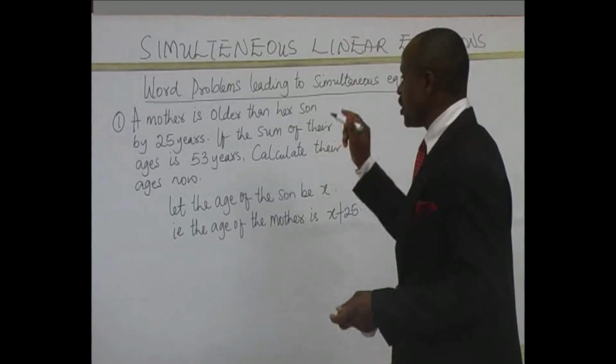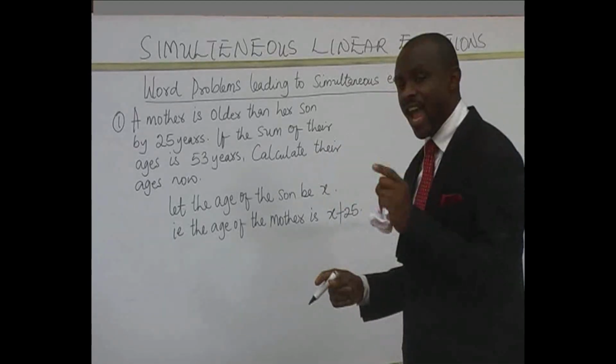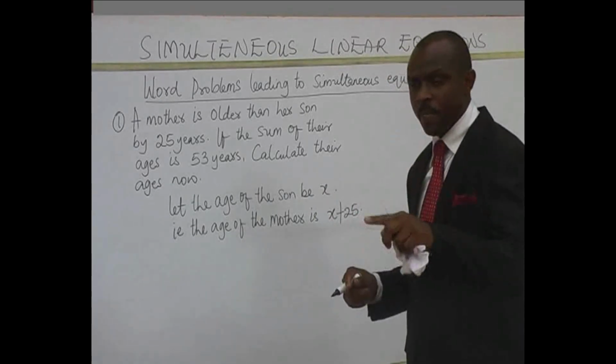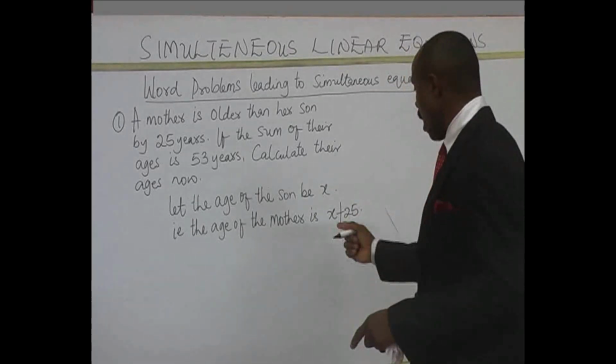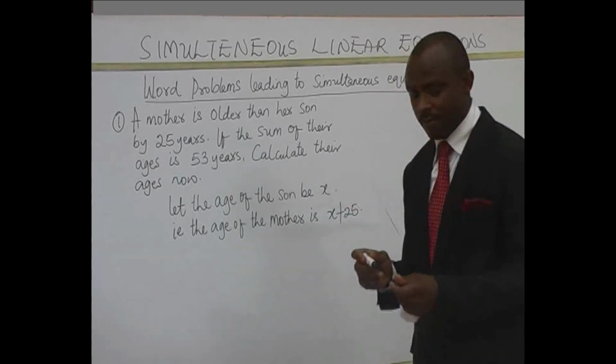Because if she is older than her son by 25 years, her age is 25 plus the age of her son. And that was why we represented it by X plus 25.